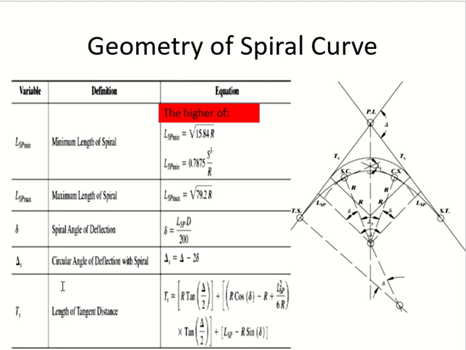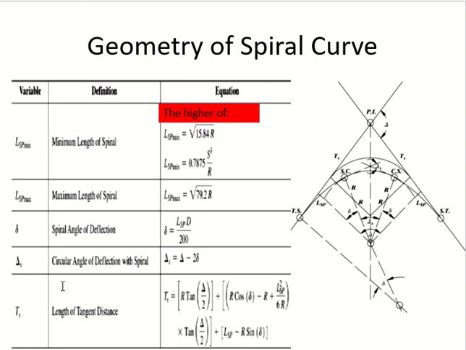You have spiral at the start, spiral at the end. Then when this spiral ends, you are at the tangent now. So the end of second spiral is ST, spiral to tangent. Start of first one, you go from tangent to spiral, then spiral to curve, curve to spiral, spiral to tangent. Okay, what was PI?